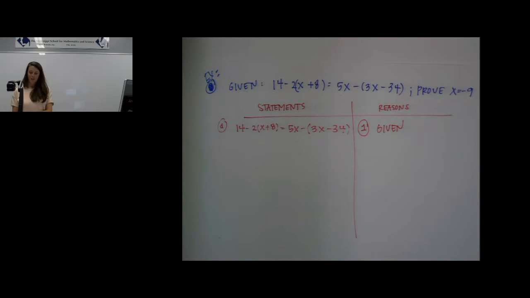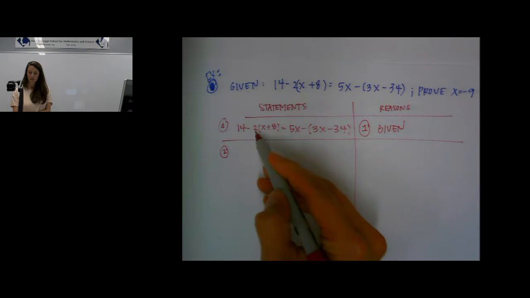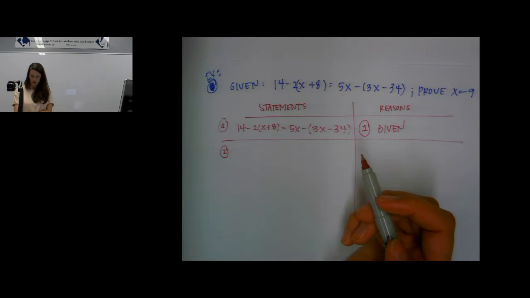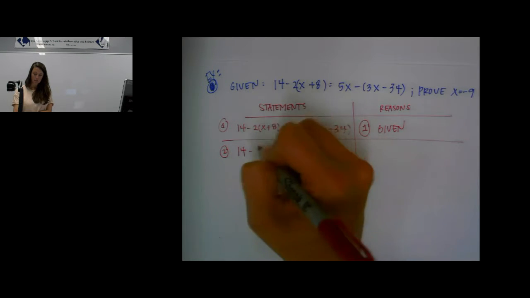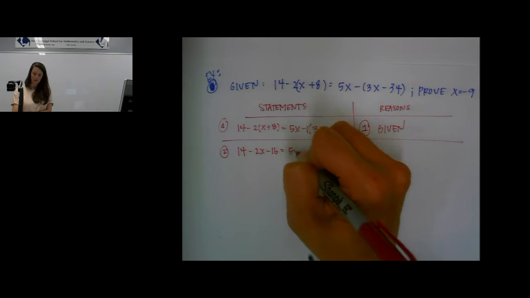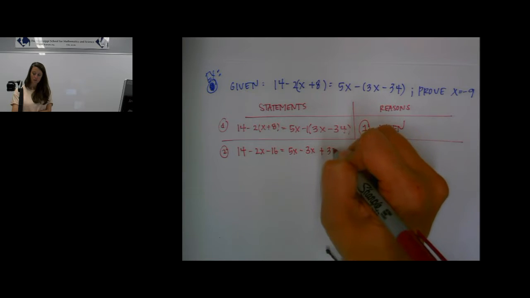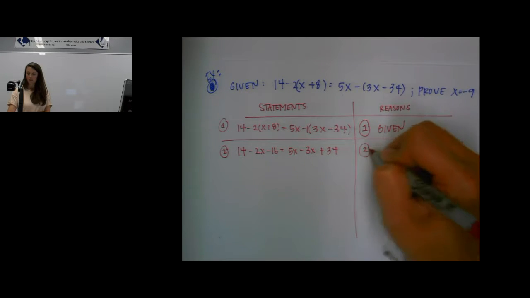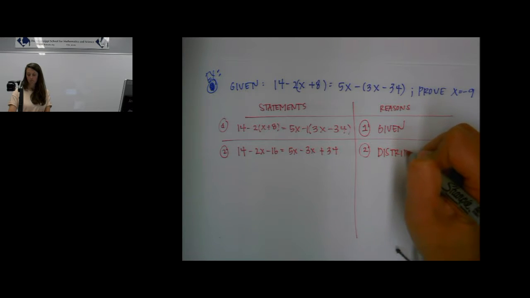All right, the next thing I need to do is multiply the negative 2 times everything, and then multiply this negative 1. So this is going to be 14 minus 2x minus 16 is equal to 5x minus 3x plus 34. The reason that is happening is because that is the distributive property.